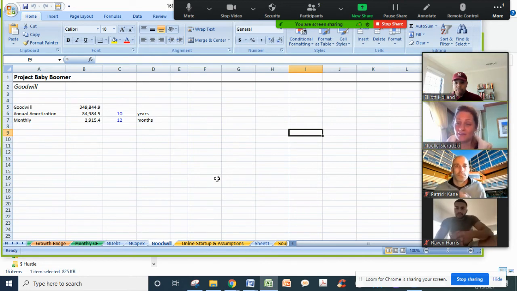So if you don't mind, I'm going to keep asking questions, because in my second LOI, my Goodwill was $2.9 million. So I amortized it over 15 years, which I thought was the rule of thumb. So it was $193,000 a year, which was impactful to my cash flow.